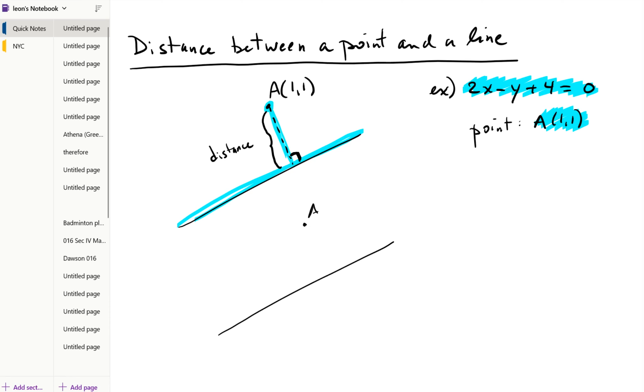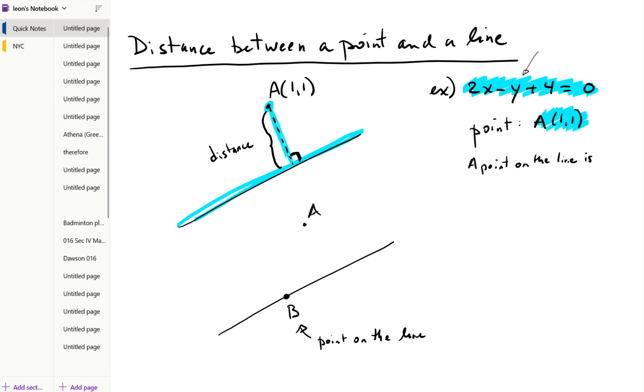To solve this problem, I'm going to choose any point on the line, maybe B. So B is a point on the line, and that's easy to obtain. For my specific example, all I need to do is take that equation and assign my favorite value to x and solve for y, or the other way around.